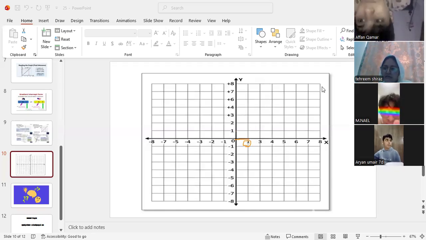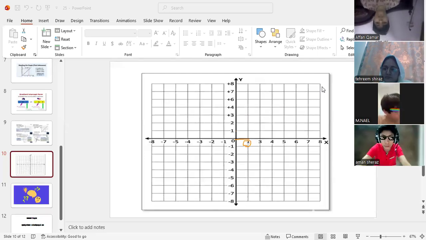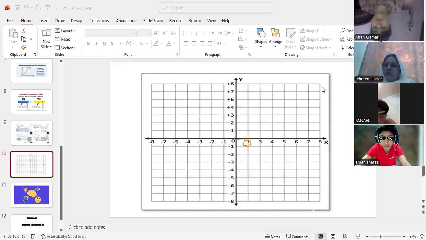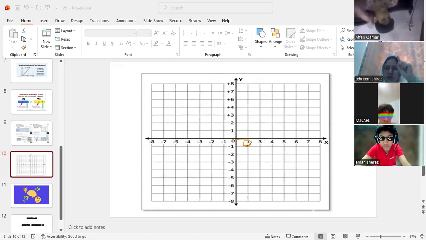Yes, Afan? Ma'am, I think what they mean by scale on a graph paper is to make proper lines and give proper distance between the grids. Yes, proper distance. Here, the distance between the values will be 1 unit. 1 square will represent 1 unit.